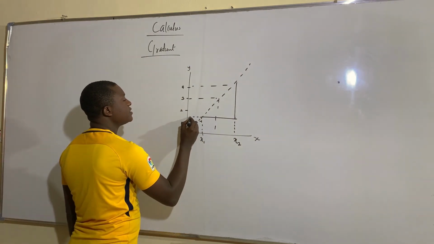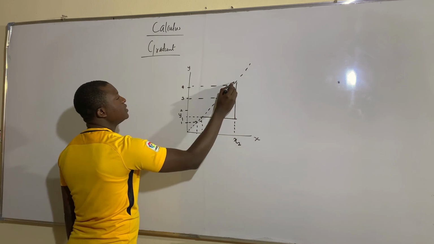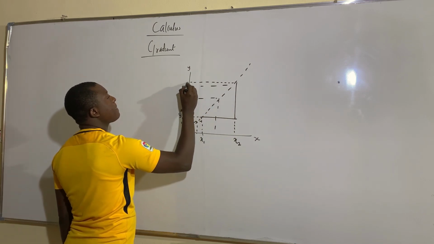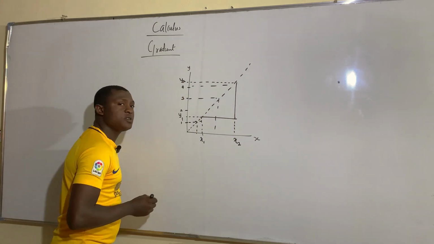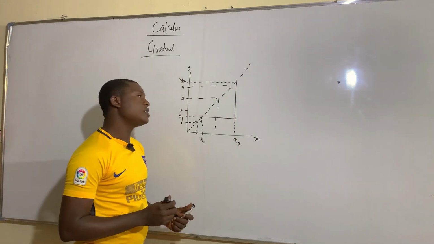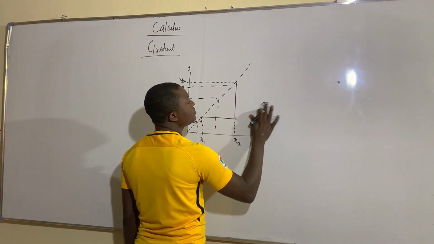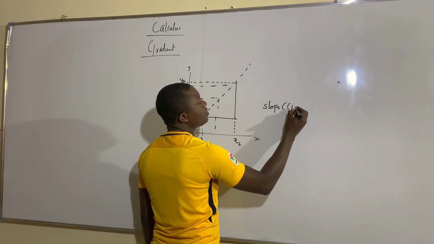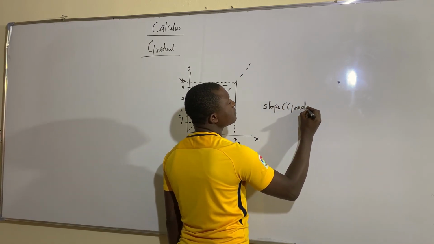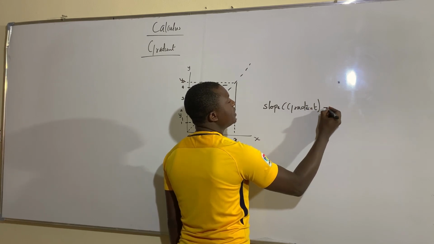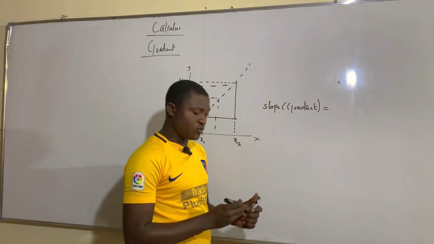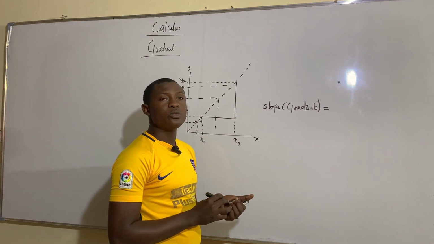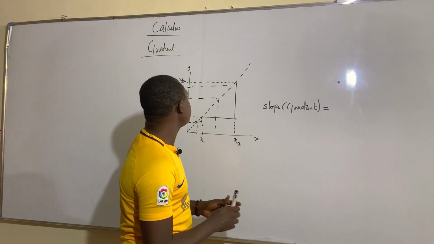Let's say what we have here is y1, and here is y2. From here I can determine my gradient. How will I determine the gradient? Slope is what we call gradient. Those are the two terms you have to master; they can call it slope or gradient.